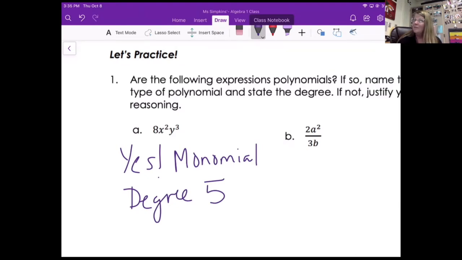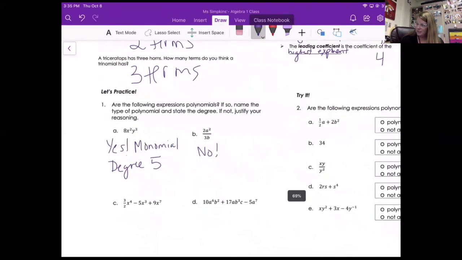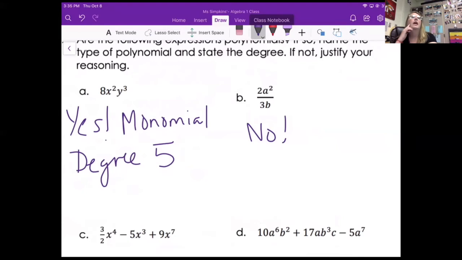Letter B. Is it a polynomial? No. It is not. What makes it not a polynomial? It does have to do with the fact that it's a fraction.